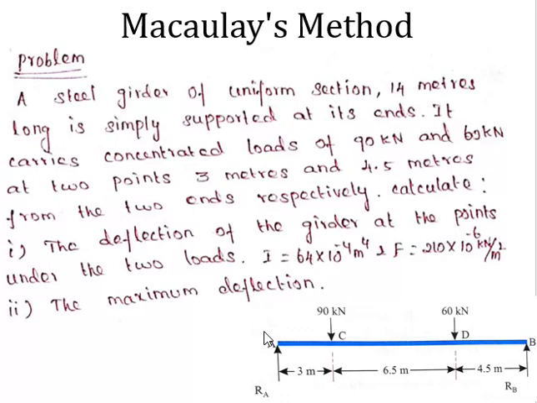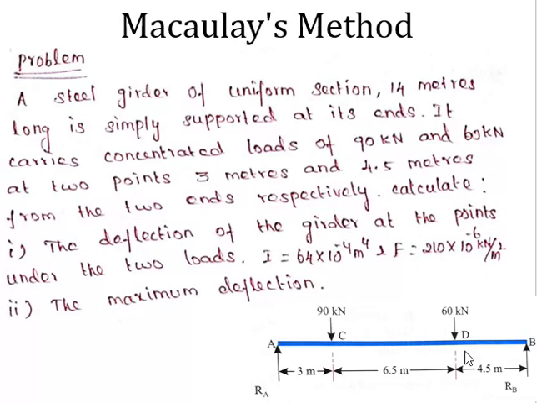So from the left end, at 3 meters, we place a concentrated load of 90 kilonewton, and the next one is 60 kilonewton at 4.5 meters from the right end.